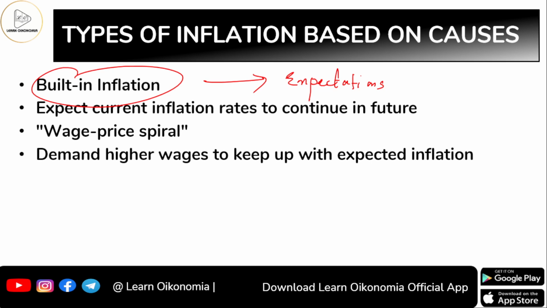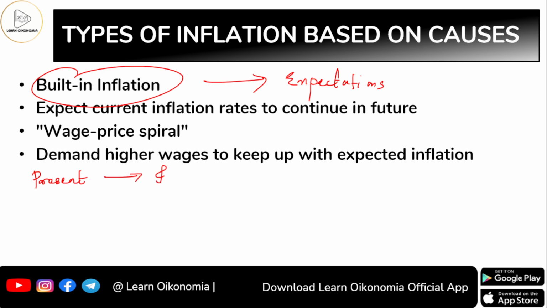So there can be a chance of losses. So here what happens is that why we are taking this expectation into consideration is that people in the presence of some current level of inflation, they will expect that inflation will be again continuing in the future. Okay. So for example, take the case of present.